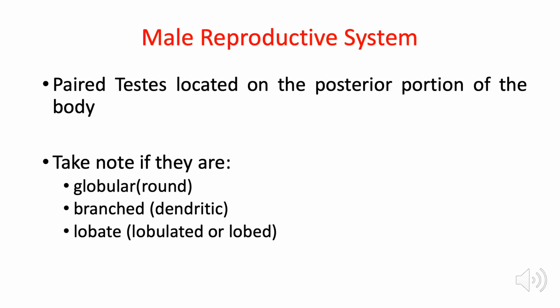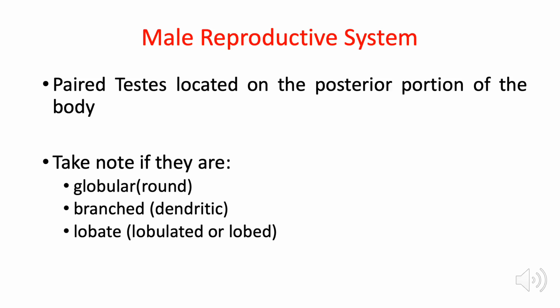If you will be asked to identify and describe the testis of a typical parasitic trematode, always look for the testis at the posterior end of the worm. And it's easy to identify the testis because they would always come as pair.